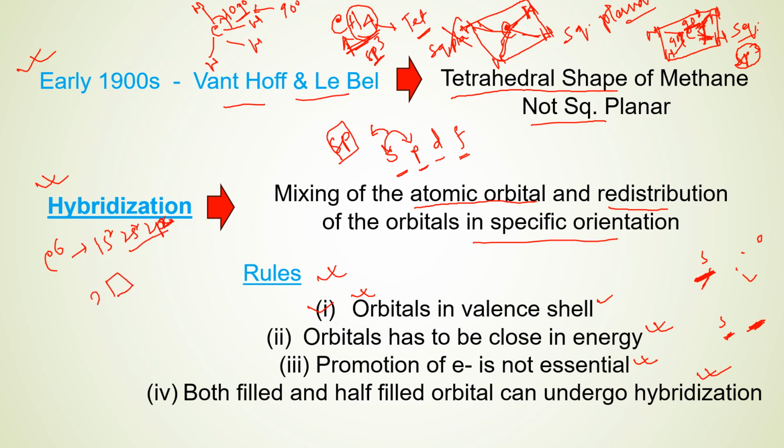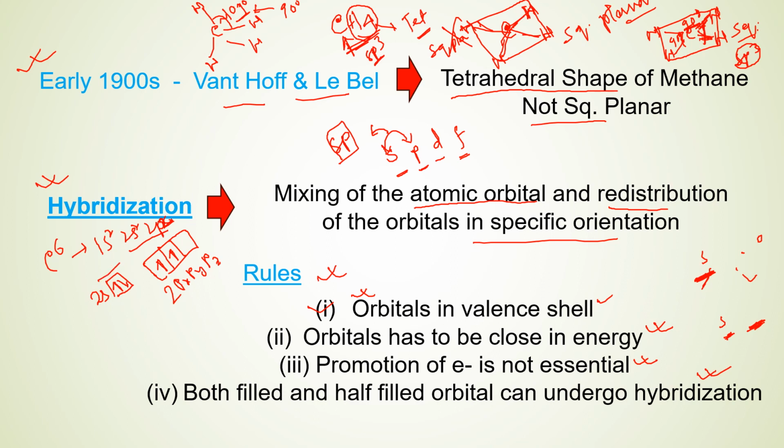Consider this block as 2s, and p has 3 lobes, 2px, 2py and 2pz. If we distribute the electrons, 2s has 2 electrons, antiparallel to each other, and 2p has 1 electron and 2 electrons, parallel to each other.